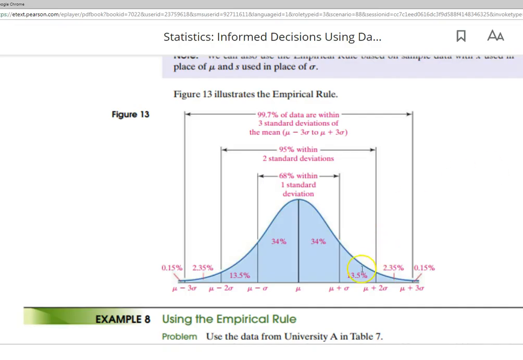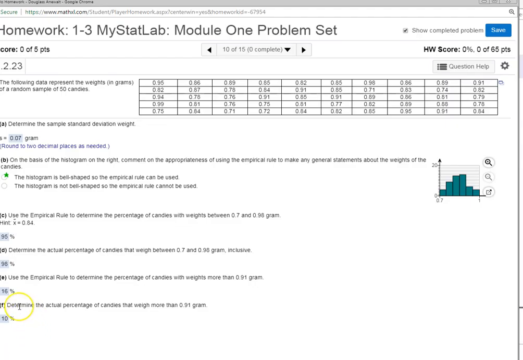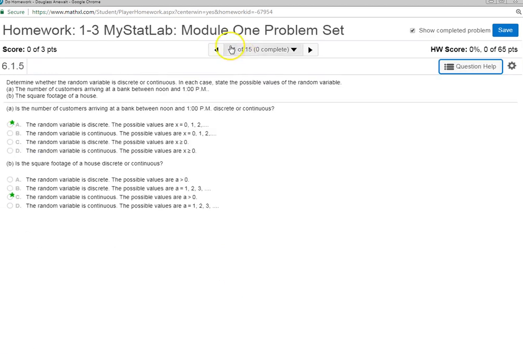So looking back at the rule, 1 standard deviation above, I can count these percentages and add them together for the empirical rule to see what the percentage is that is more than 1 standard deviation above. And then actually look at the actual data here and see how many values are above 0.91 to get the actual percentage.